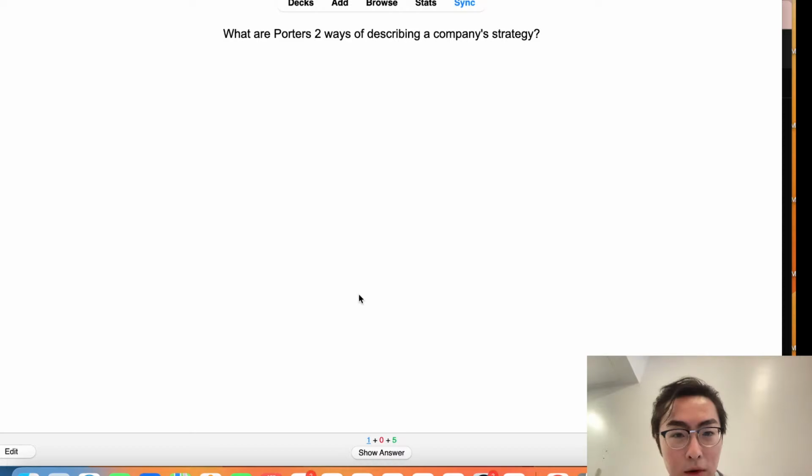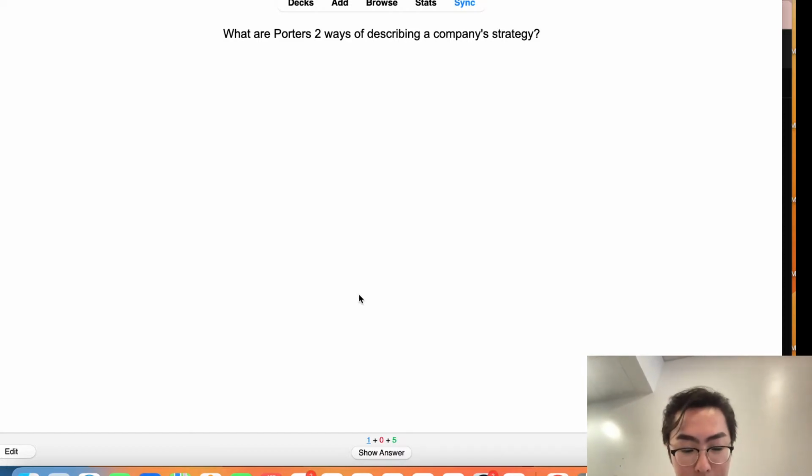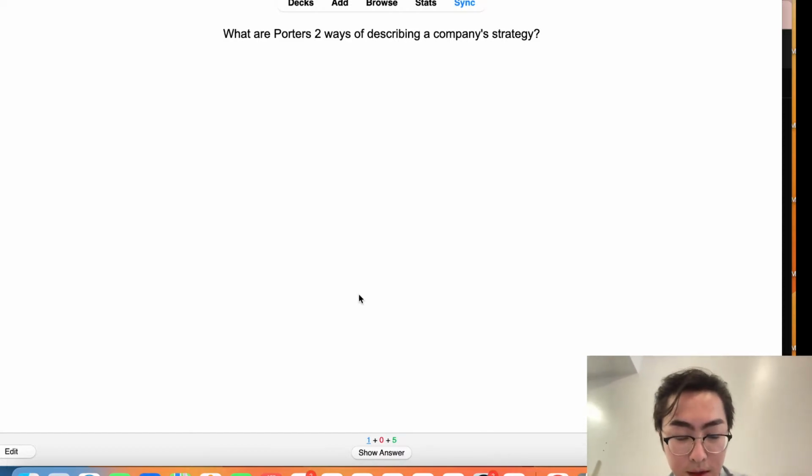What are Porter's two ways of describing a company's strategy? I think there are two different things. One is differentiation, the second is cost leadership. Starting with differentiation, this is the idea that if you create a really good product, people are going to pay a premium for it.